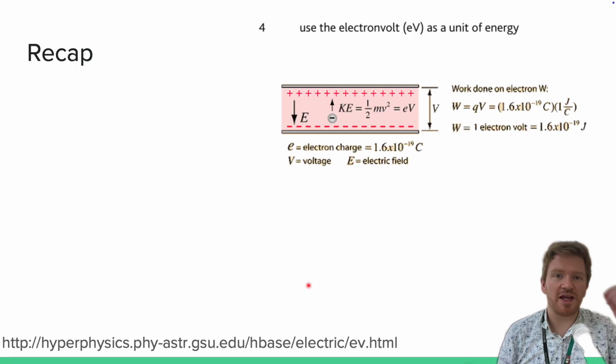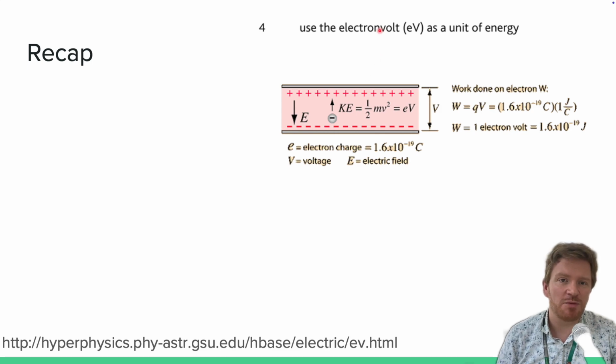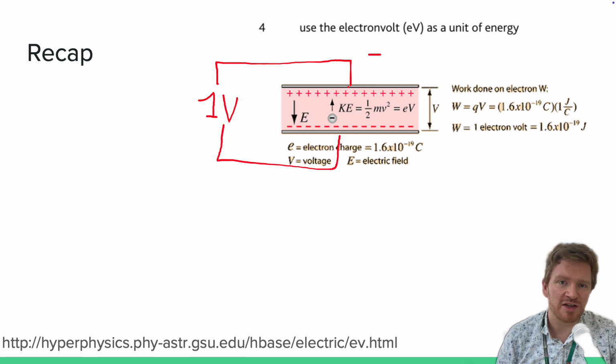Okay, so let's start with a quick recap. If you remember, we used the electron volt as a unit of energy. So where does the electron volt come from? Well, typically it comes from the idea that if we have a set of plates like this, with, let's just say, 1 volt between them, and I make this end the positive and this end the negative, what's going to happen to an electron here?